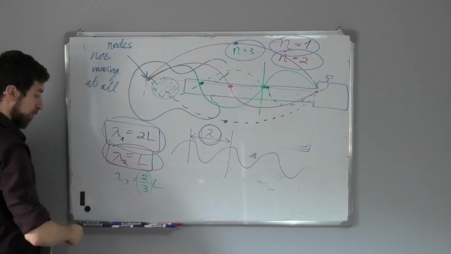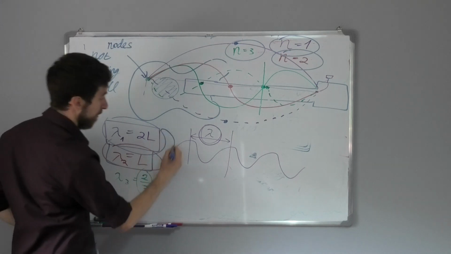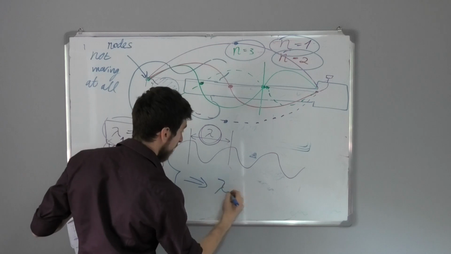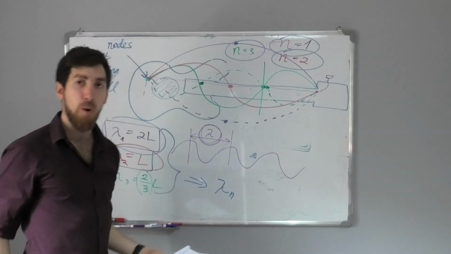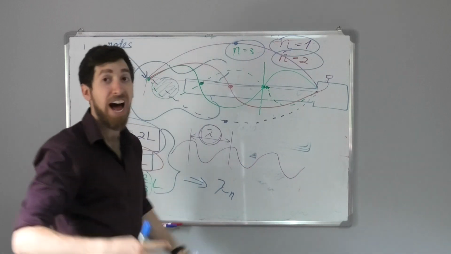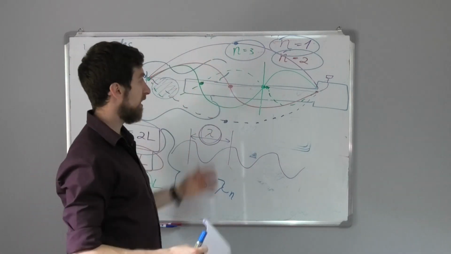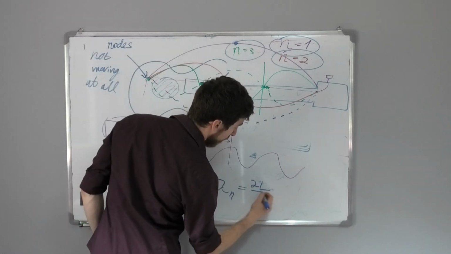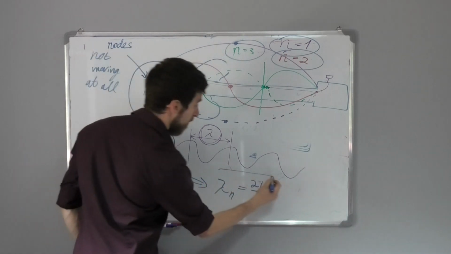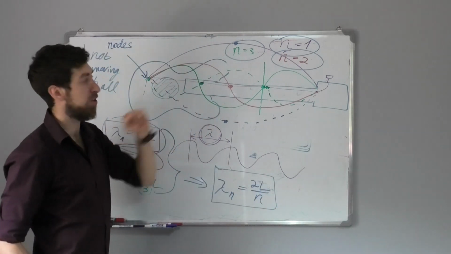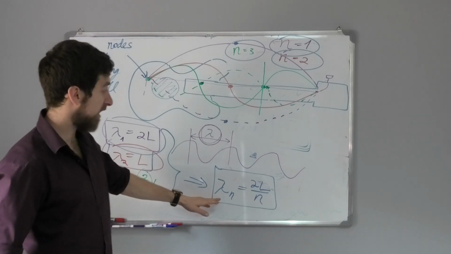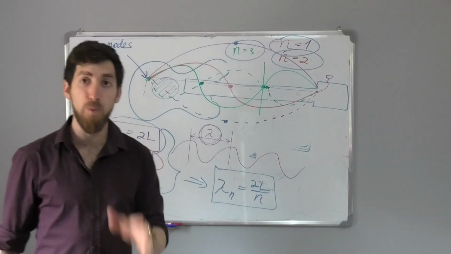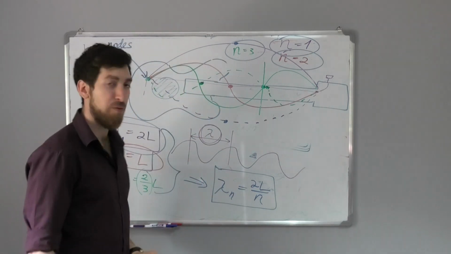If I continue with this idea, I will find that lambda for any mode I want, with any number of antinodes in the string, is equal to 2L over the number of antinodes, the number of maxima and minima you have on the string. So these are all the configurations in which the string can move.